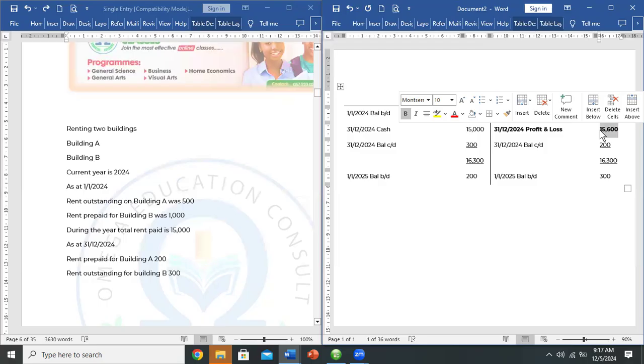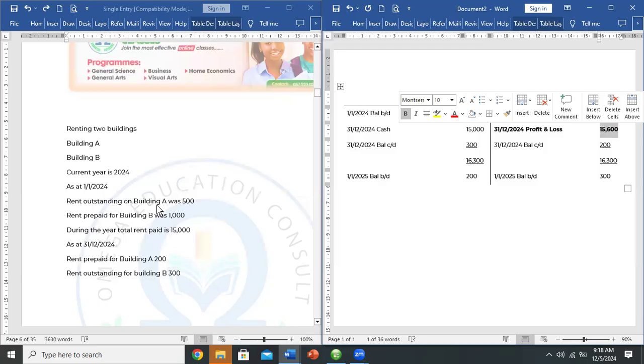It sounds weird if it's the same building and we have arrears and outstanding. That is why I brought in the two buildings to make it sound real. If it's one building, then either we are owing or we have paid in advance.